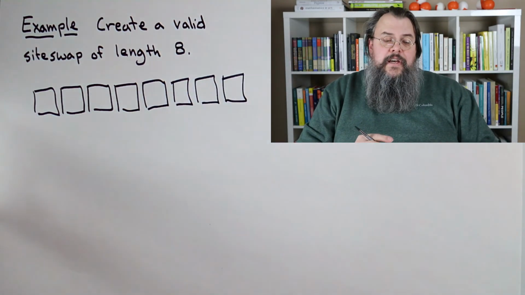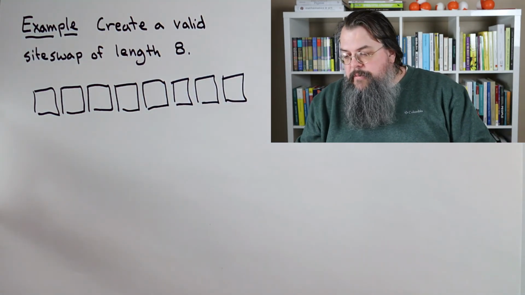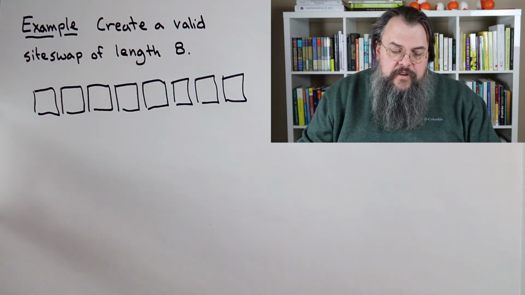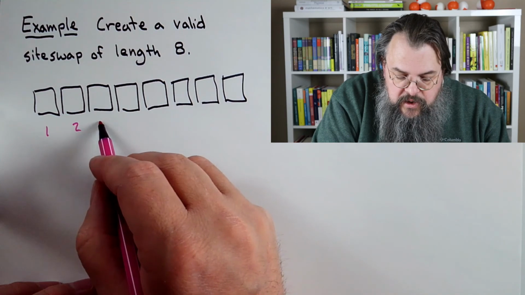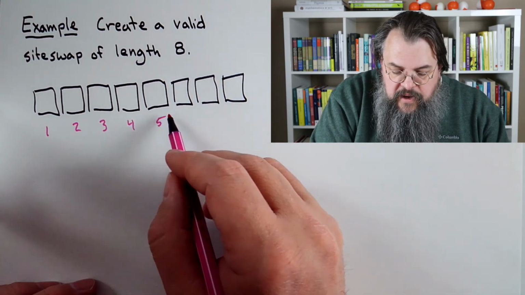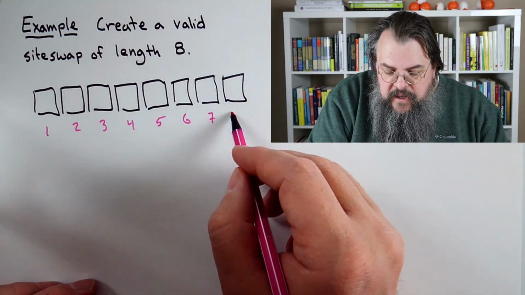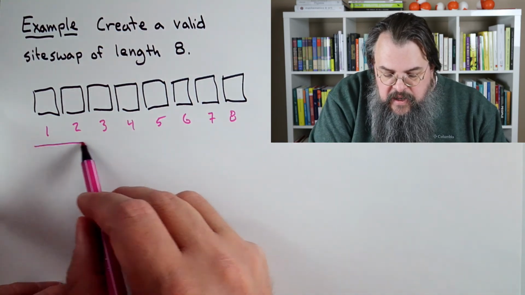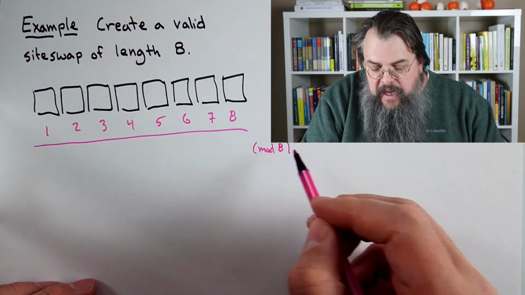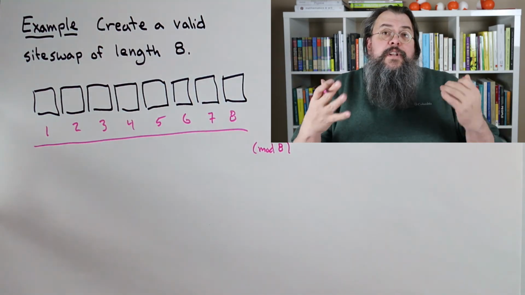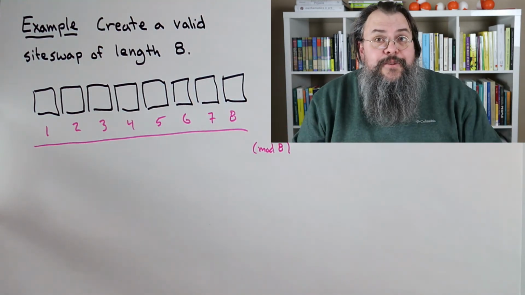All right. And now those are going to be my throws. And underneath it, I'm going to write down the beats. So time 1, 2, 3, 4, 5, 6, 7, 8. And then I'm going to keep track mod 8. And the key is, we just want to make sure that whenever we add in a new throw, it doesn't create a problem.